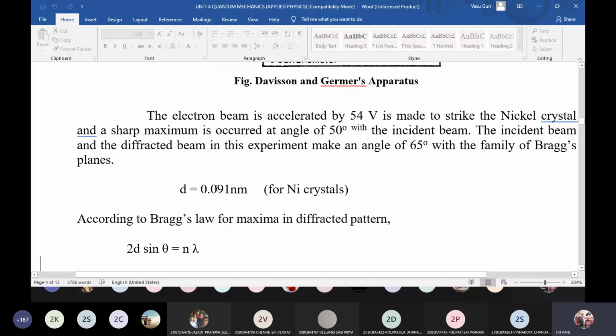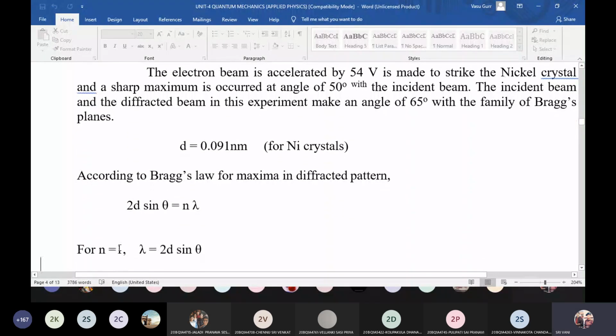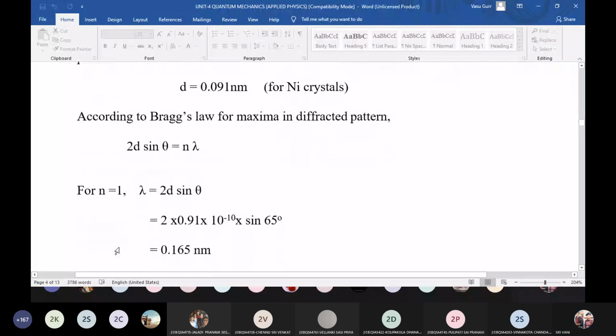Next one. After the completion of this experiment, both Davisson and Germer used Bragg's law. In quantum mechanics, there exists one law known as Bragg's law. What Bragg's law explains is, suppose n is the order of the images formed and lambda is the wavelength, theta is the diffraction angle and d is the distance between the interplanes, then the relation is 2d sin theta = n lambda.